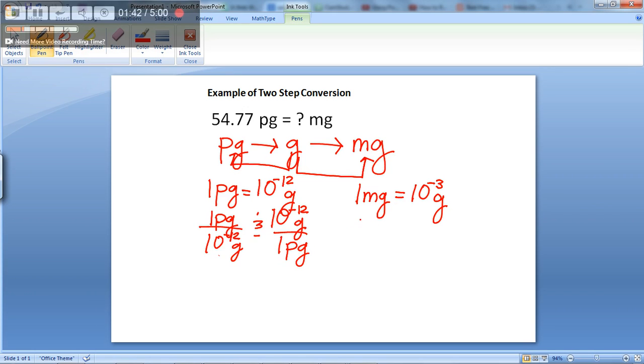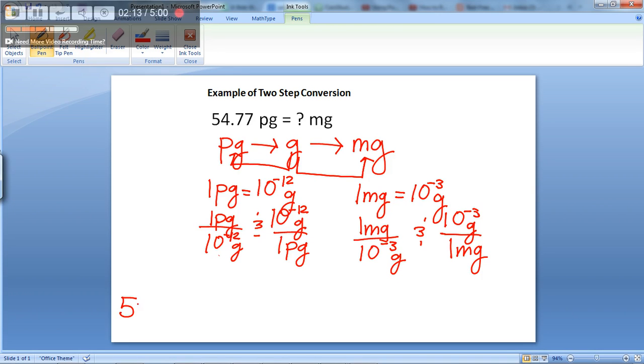And for this side, we could put 1 milligram over 10 to the minus 3 grams, and that is also true for 10 to the minus 3 grams over 1 milligram.